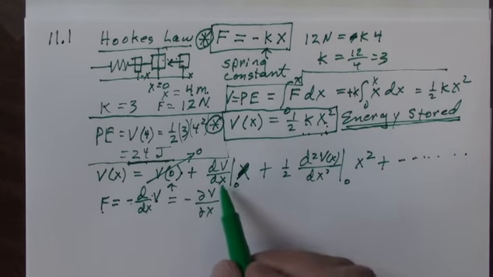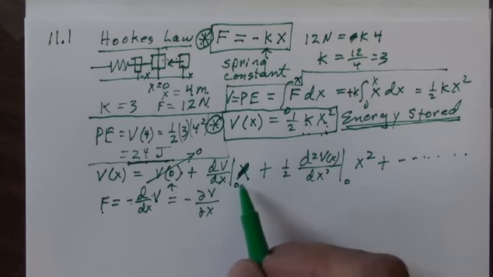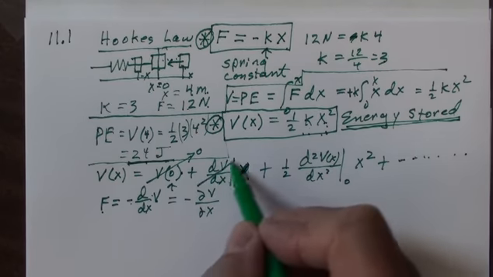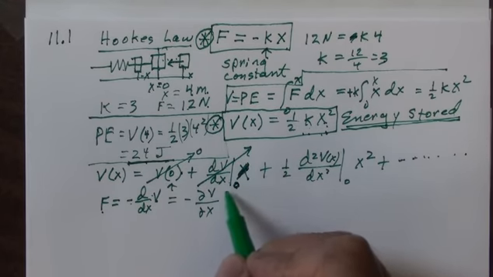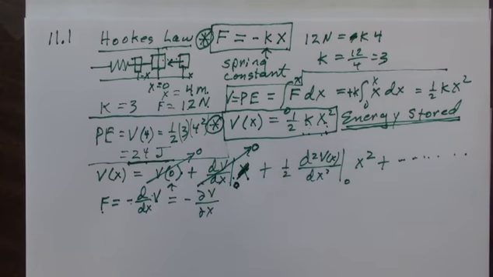The next thing is we can look at what is dV dx at the point 0. Well, dV dx is going to vanish at the point 0. This has nothing to do with the x here. It's the term in front. This is equal to 0 because the system is in equilibrium at that point.